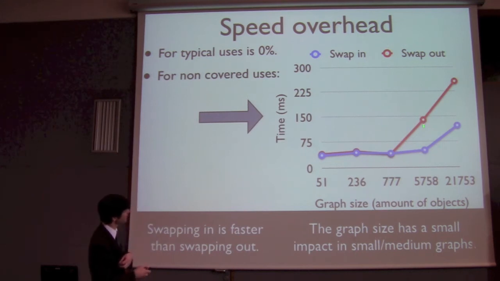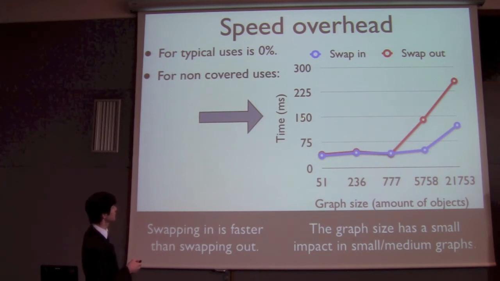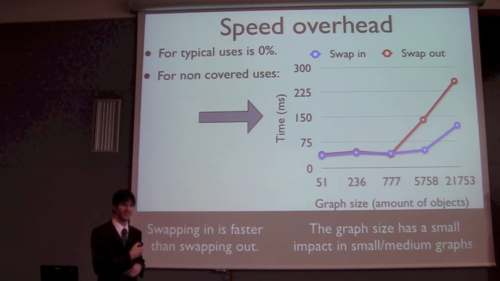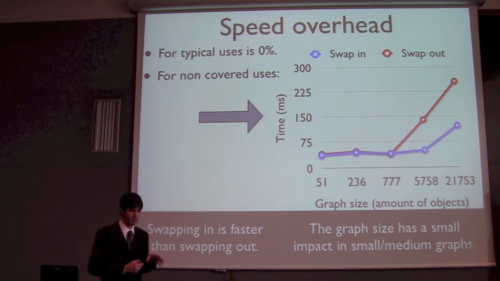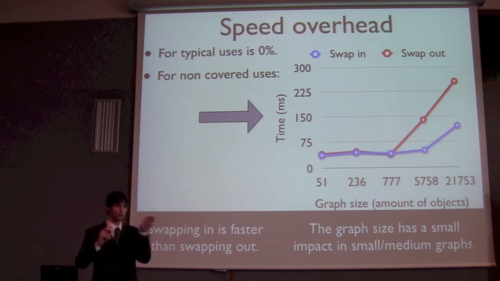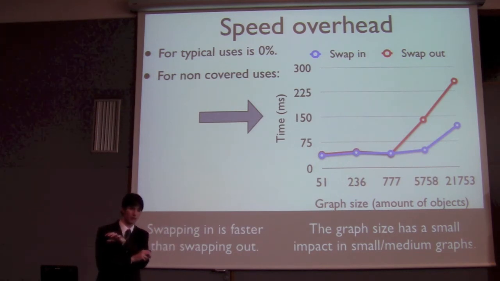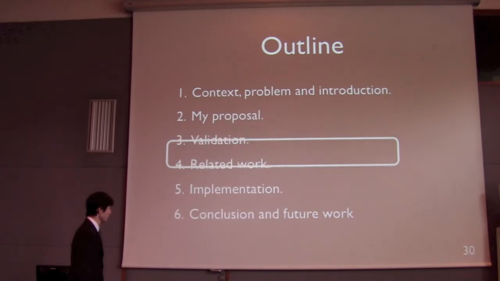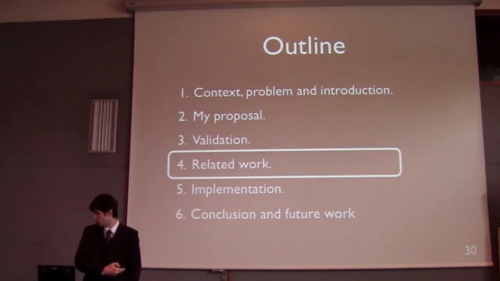And as you can see, finally, a graph of 20,000 objects takes about 150 milliseconds, so it's not that much. And even so, 60% of this is taken by the primitive that we use to exchange the reference between the two objects. I will explain that later. So the result could be much better than this. So I will present a little bit about the related work.